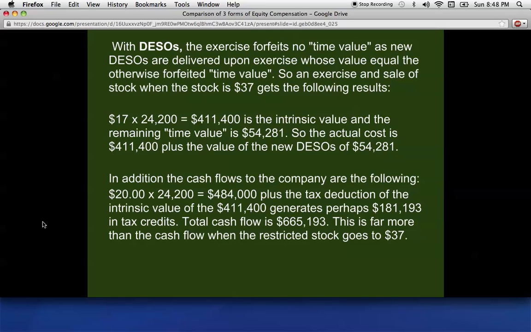In addition, the cash flows to the company are the following: 484,000 plus the tax deduction on the intrinsic value of the 411, and that generates perhaps 181,193 in tax credits. So the total cash flow is 665,193. This is far more cash flow than when the restricted stock goes to 37 at vesting.